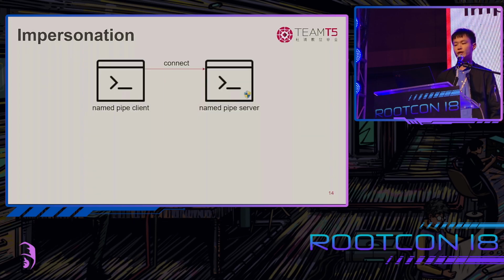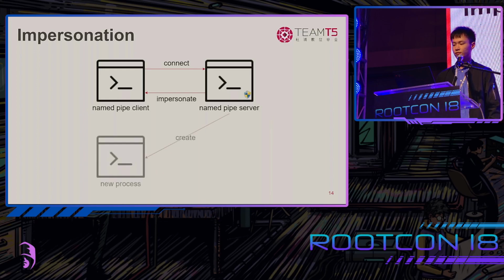Now, let's look at a unique feature of named pipes called impersonation, which works as follows. The named pipe client connects to the named pipe, and after a read operation, the named pipe server can then impersonate the client's process. This means the server can perform any action using the client's process security context, such as creating new processes.